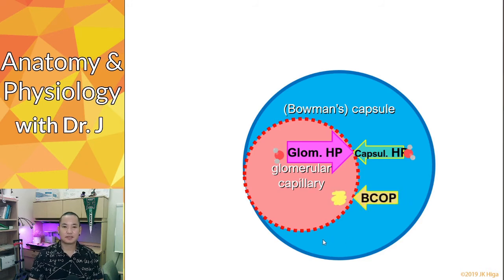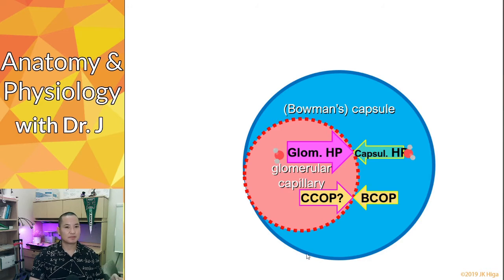Then we have our blood colloid osmotic pressure, which is due mostly to the serum albumins. And just like the BCOP in your other capillaries in your body, it's going to reabsorb water back into your glomerulus. Now, is there a capsular colloid osmotic pressure?